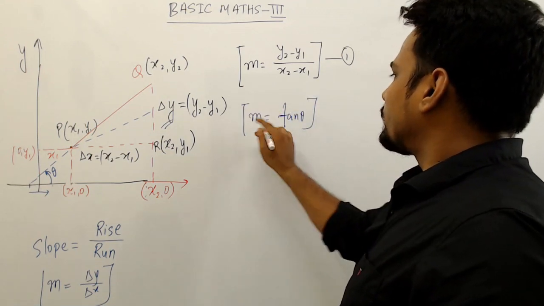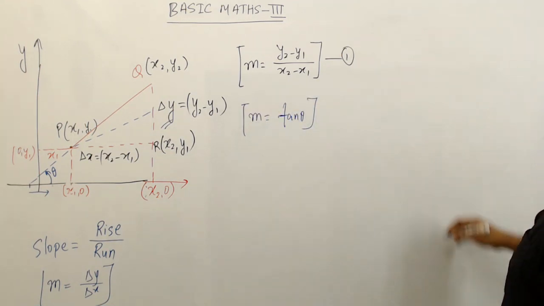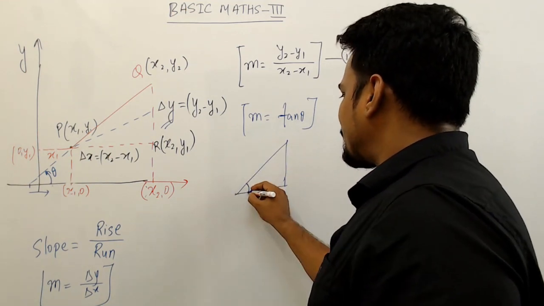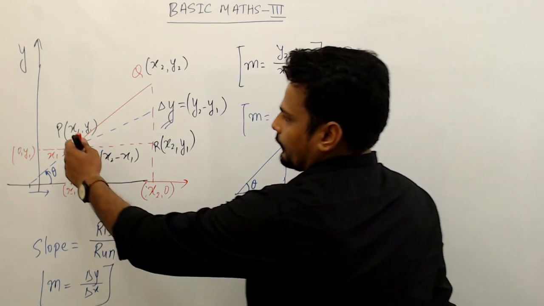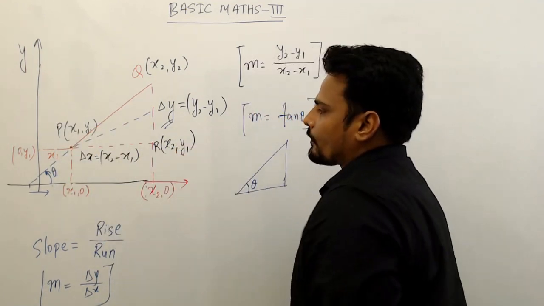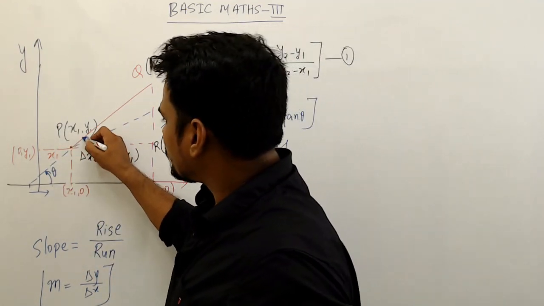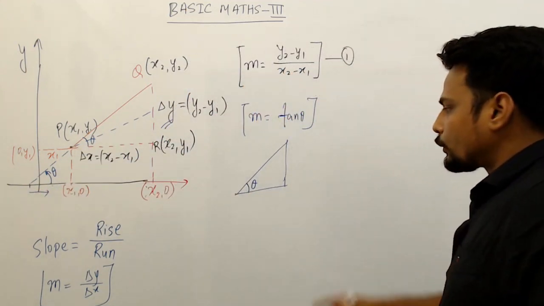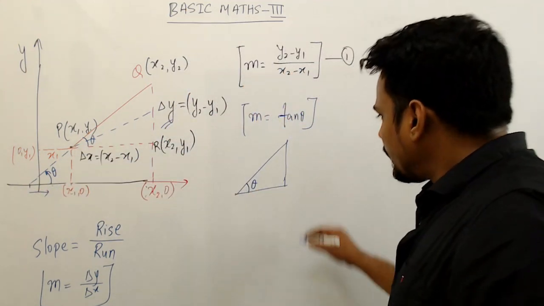Now, how do we know it is tan theta? Very simple. If I look into a right-angle triangle, say triangle PQR, and this angle is theta, of course this is also going to be theta, because this line is parallel to the x-axis.